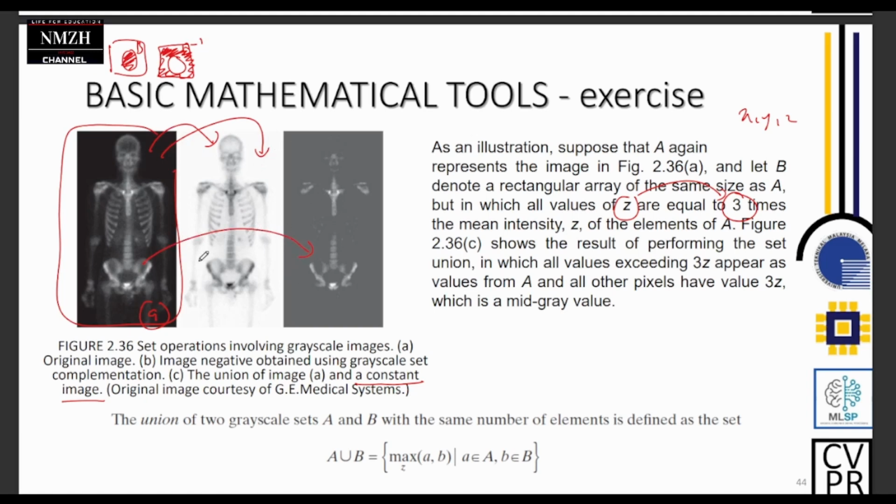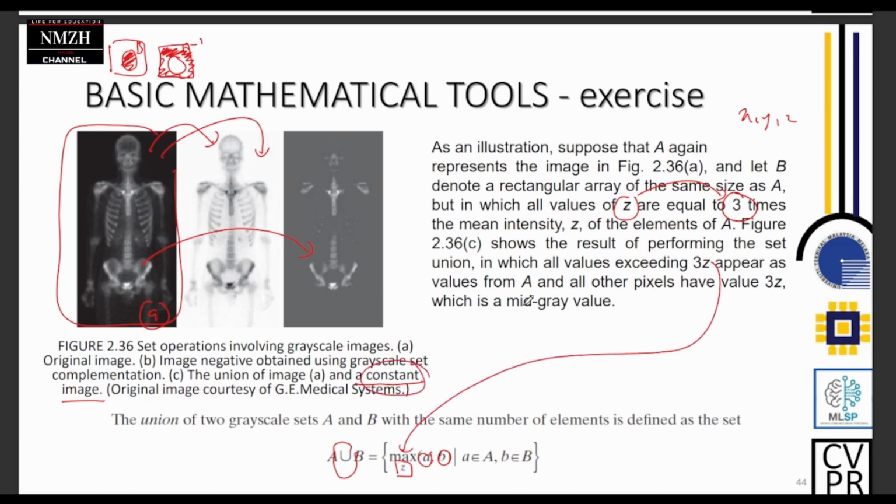So anything less than that will be gray, and anything more than that reflects the original bone image. So that would be the idea of uniting A and B with maximum Z. Z is basically the setting of a constant, guys, over here.